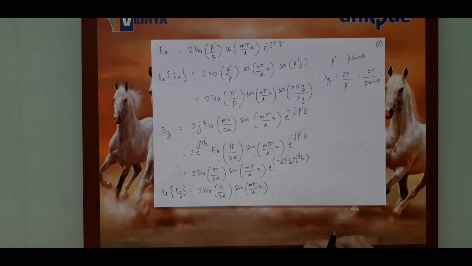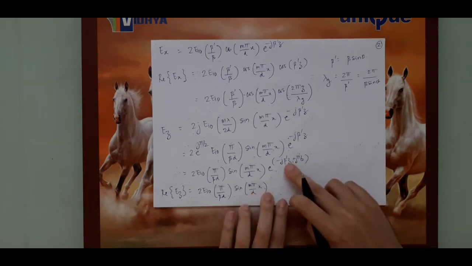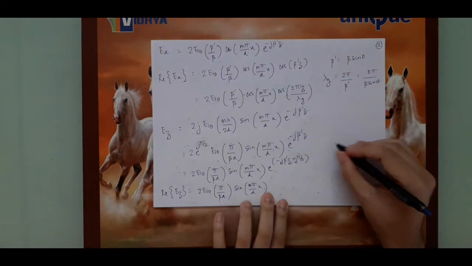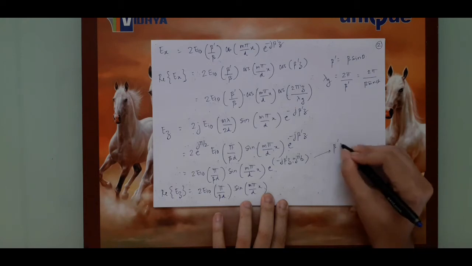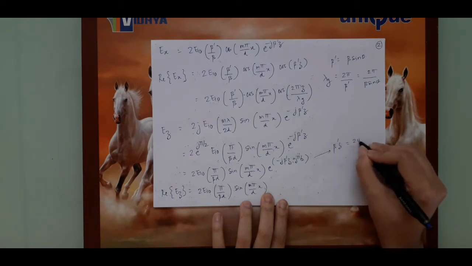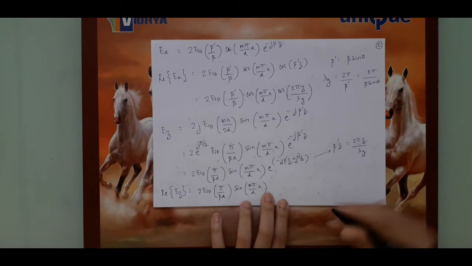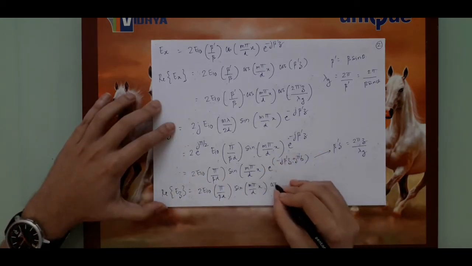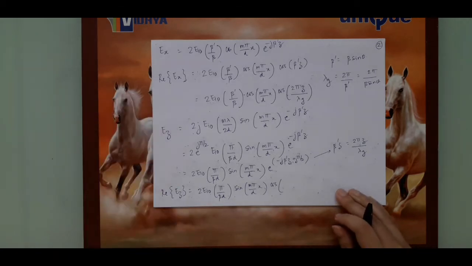So I can rewrite this beta prime z in a similar way, and I can write it as beta prime z is nothing but 2 pi z by lambda g. So the real part of this complex number would be a cos term. And what is that?